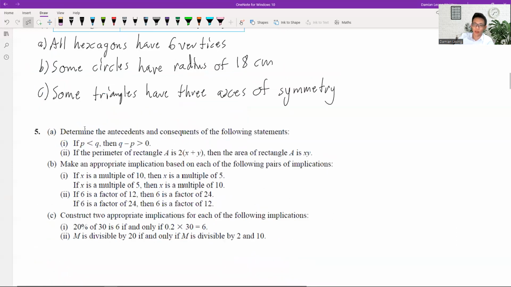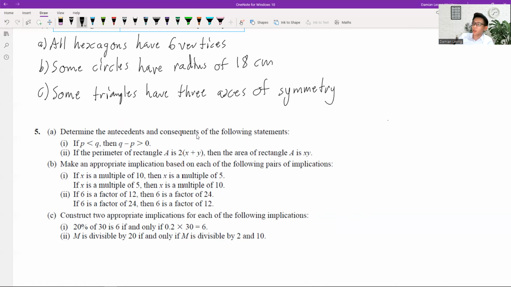Then question 5. Determine the antecedents and consequents of the following statements. Okay, so what is antecedent? What is consequent? Basically, we have what we call implications.